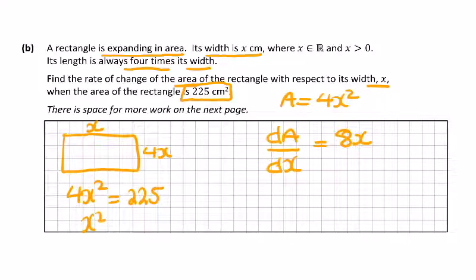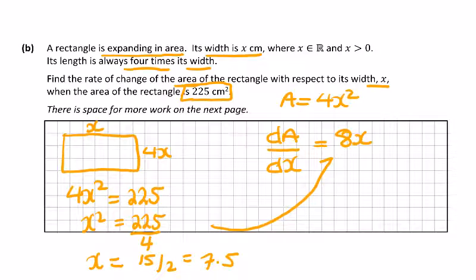So x squared is equal to 225 over 4. So x is equal to the square root of the top and the bottom, which will be 15 over 2, which is 7.5. When the area is that, the rate of change is going to be 8 times 7.5, 56 and 4, 60 centimeters squared is the rate of change of the area for part B.